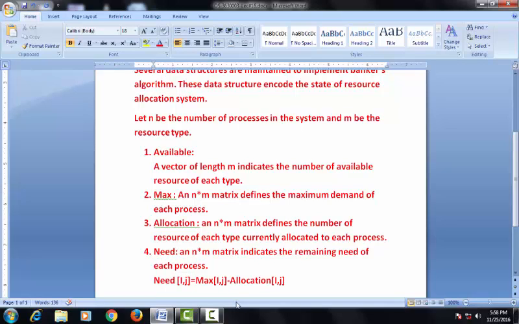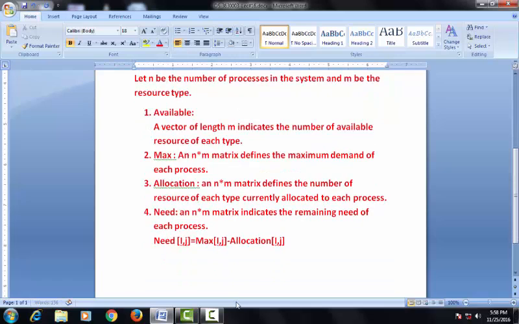We are given a maximum value, maximum resource types, let's write it so that you understand properly. Maximum, like 10, 5, 7.